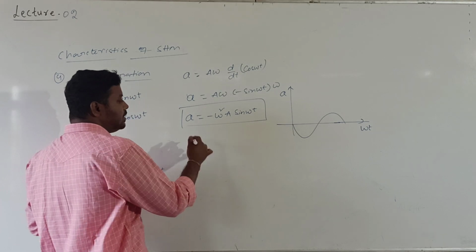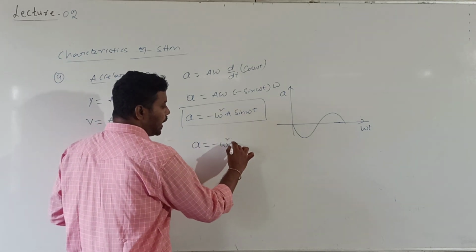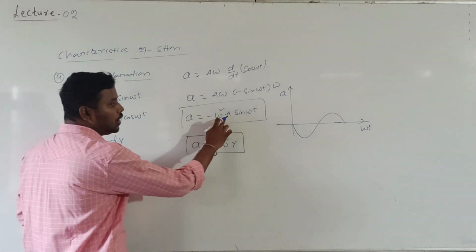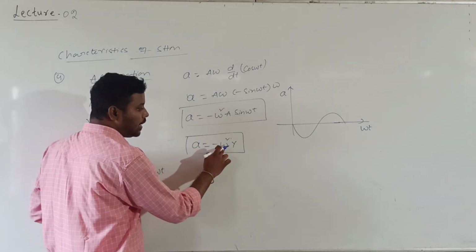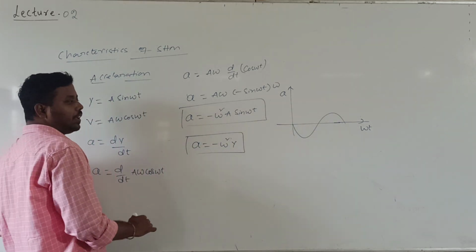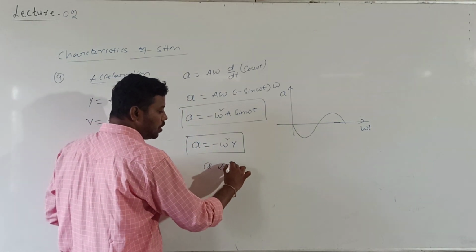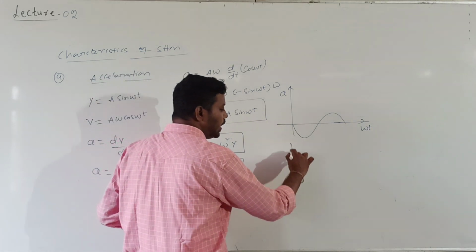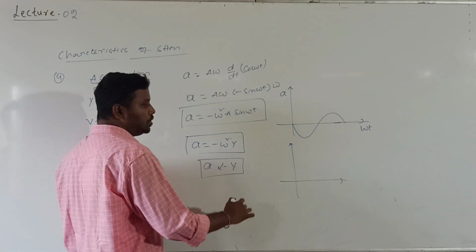This equation can also be written as a is equal to minus omega square into y, because y is a sin omega t. So a is directly proportional to minus y. The minus sign indicates that acceleration is always directed towards the mean position.